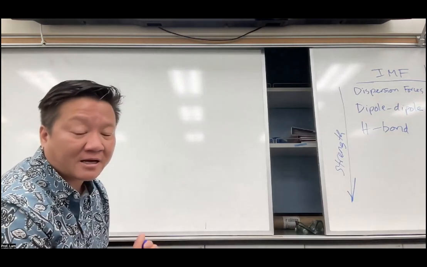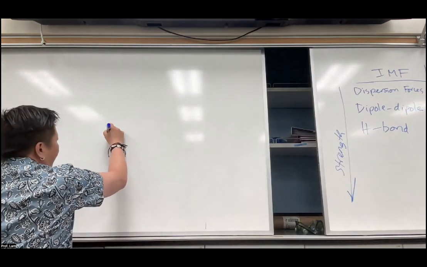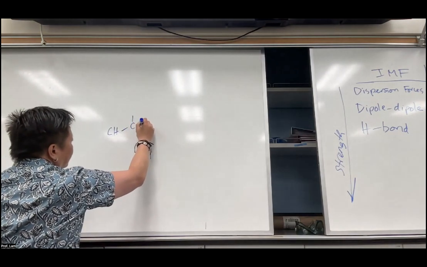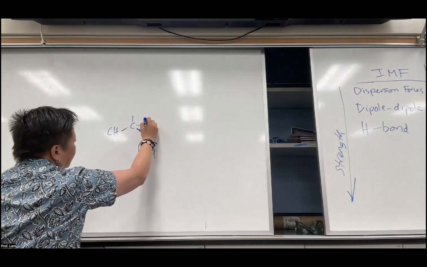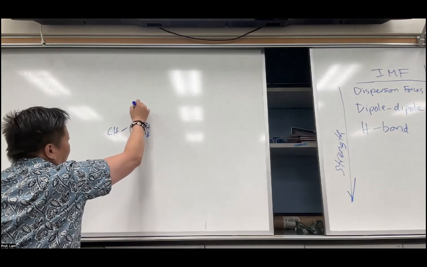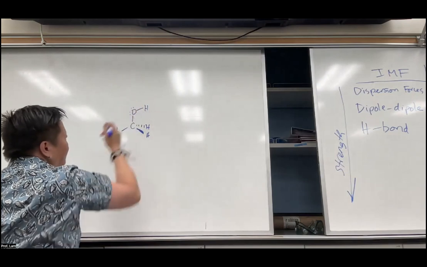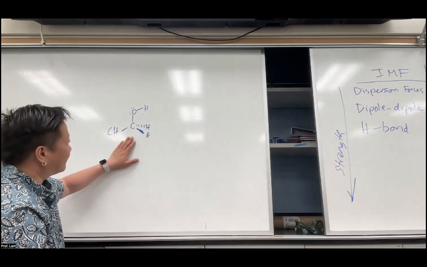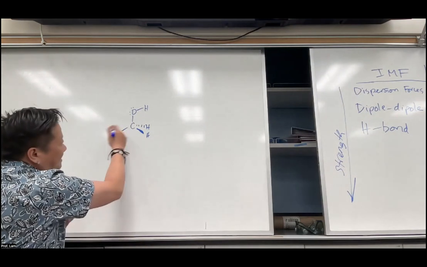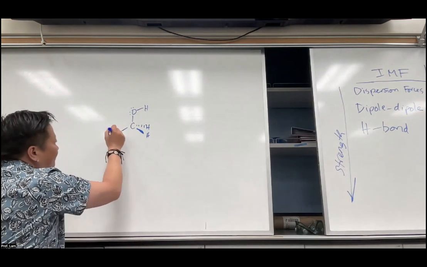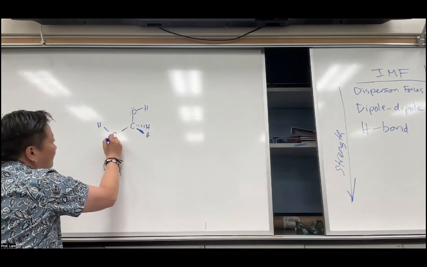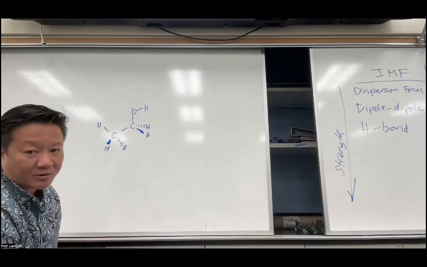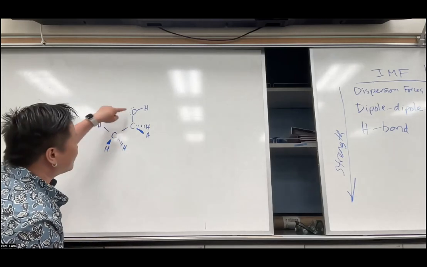So we've got ethanol: CH3, CH2, OH. I'm trying to draw a bigger molecule in 3D. I could have drawn this out in 3D too, but it doesn't really help with our assessment, because all we care about is what's going on here.